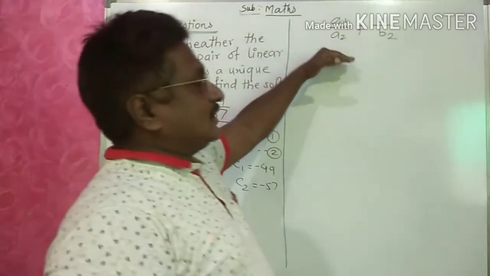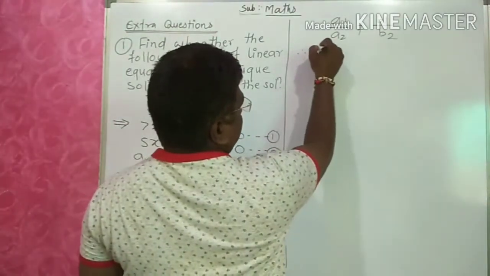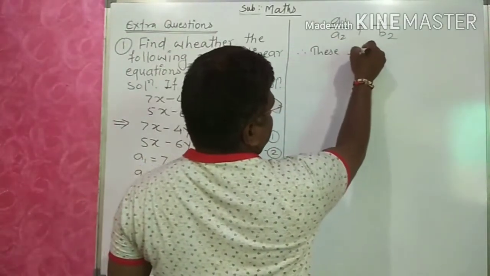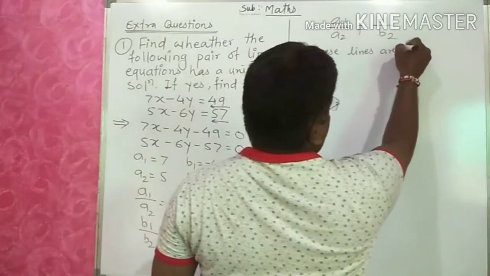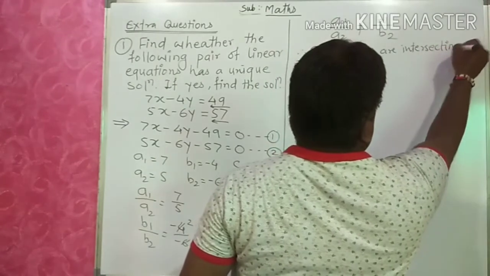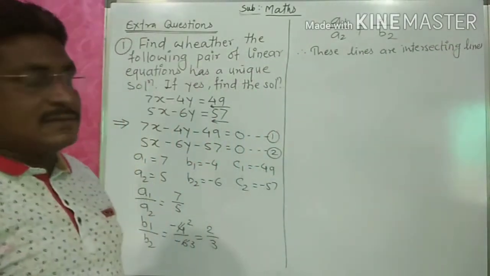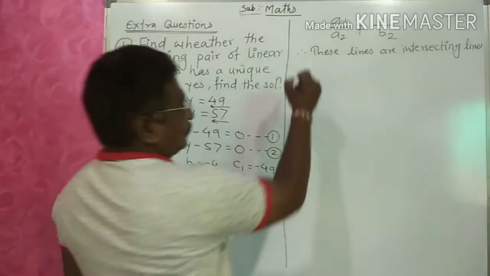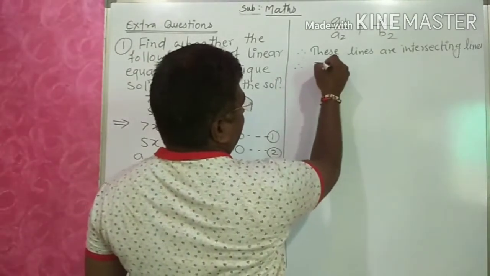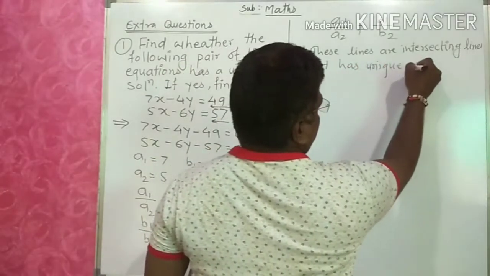So from this condition decide how the lines are. Therefore, these lines are intersecting lines. And intersecting lines have a unique solution. So therefore, it has a unique solution.